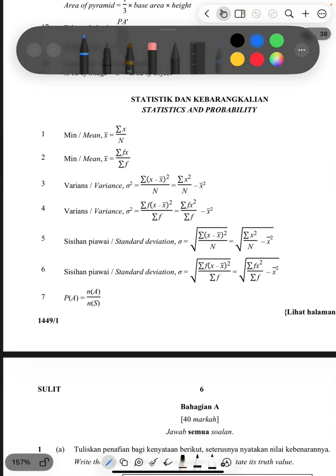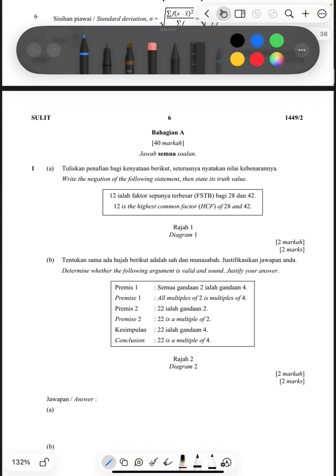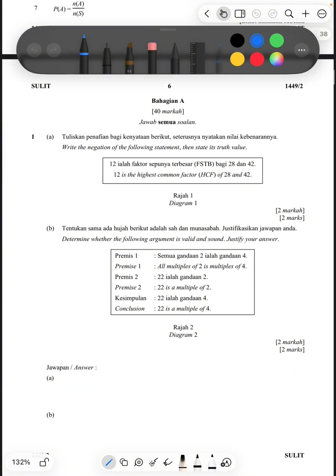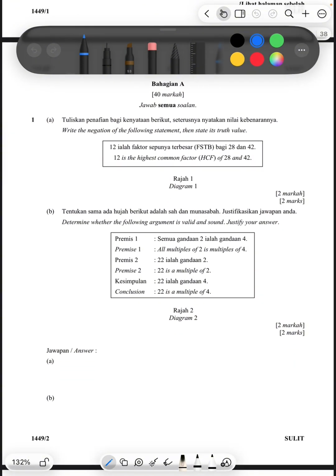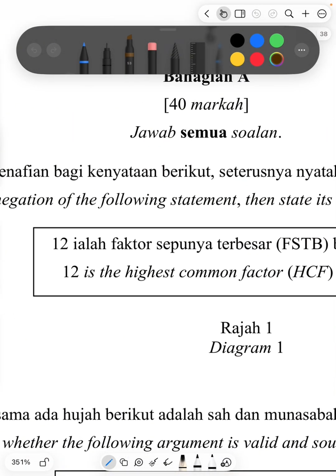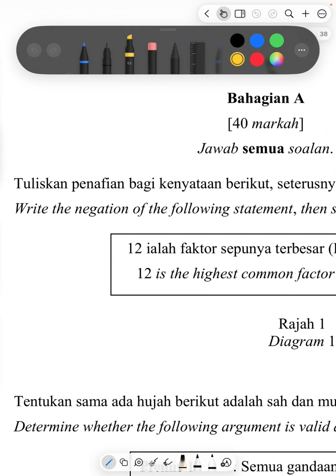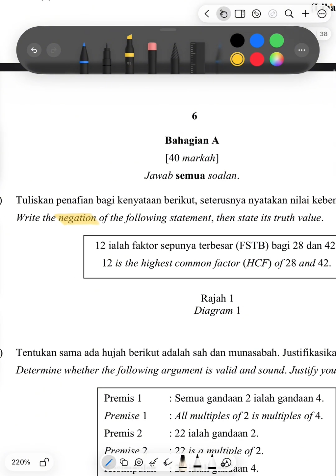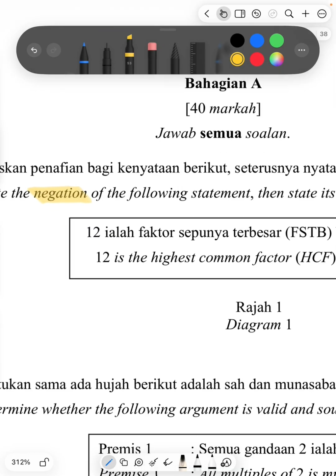So let's go. First question: write the negation of the following statement, then state its truth value. So negation, and in BM penafian, is literally to deny this statement.